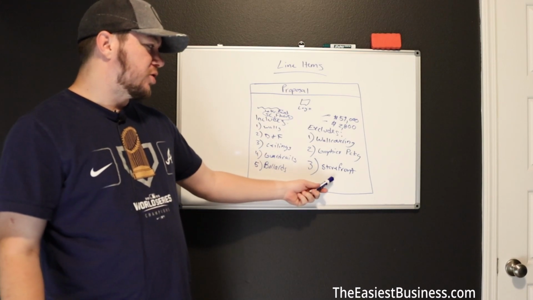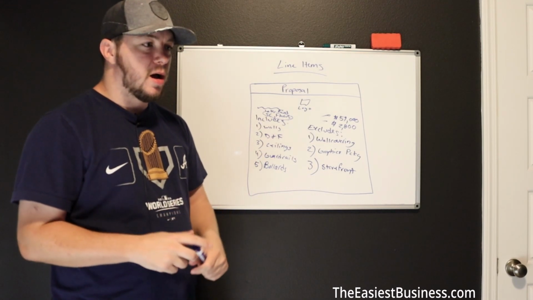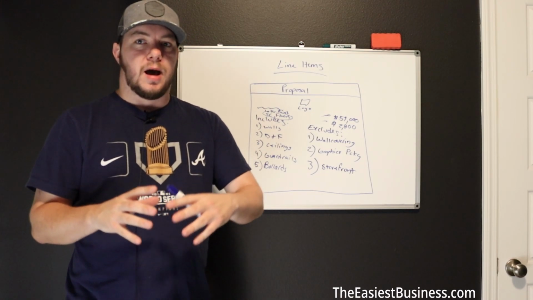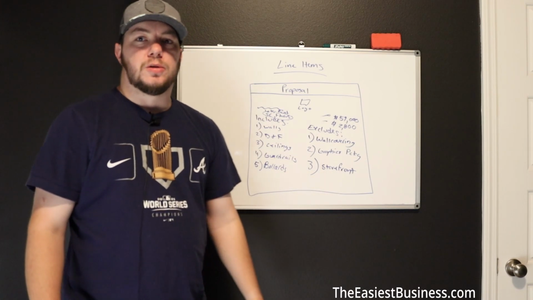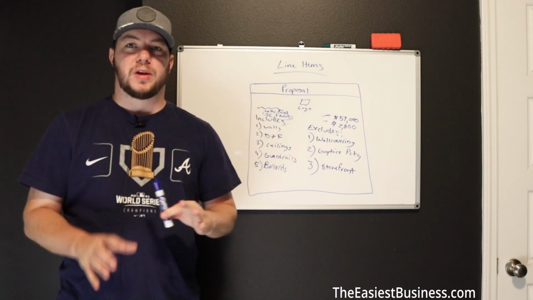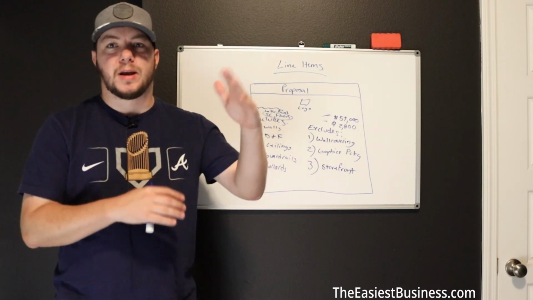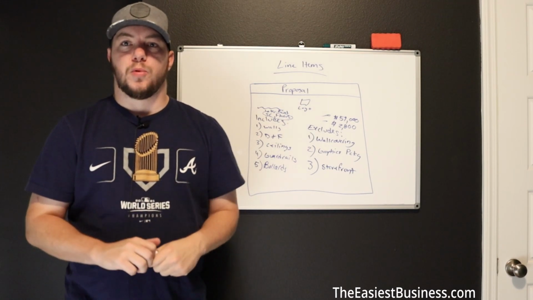So you want to make sure anything that can be misconstrued that they might want you to pick up, but it's not specifically said to pick up in the plans or the specs, you're going to put it under your excludes tab. So you're going to have an includes, you're going to have an excludes, and you're going to put every single thing you can think of under this. And I don't care if it makes your proposal 2 pages long, you want to make sure you're covered. That's the most important part.